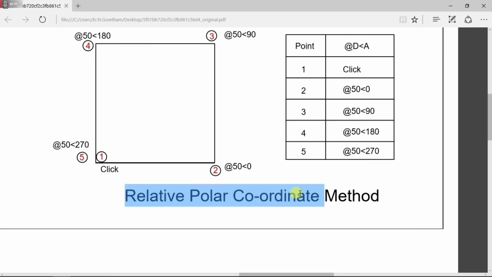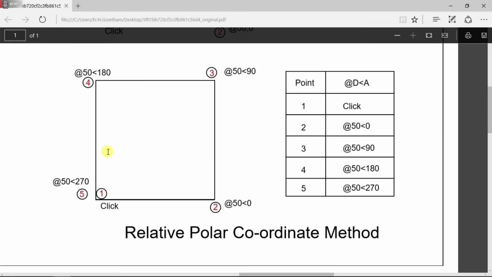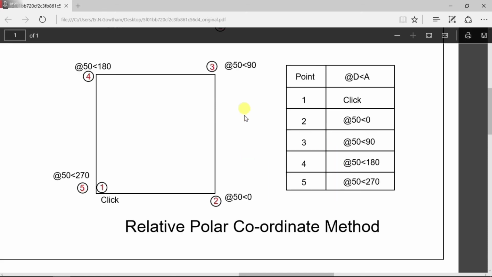Lastly, we have the relative polar coordinate method. Let's see about this. This method is entirely different from the other two methods. But the catch is, here we give the distance with respect to the angles. We need to specify the first point with the help of the mouse or else by entering coordinates. Then the second point is moving in the x direction at a distance of 50 and the angle is 0.